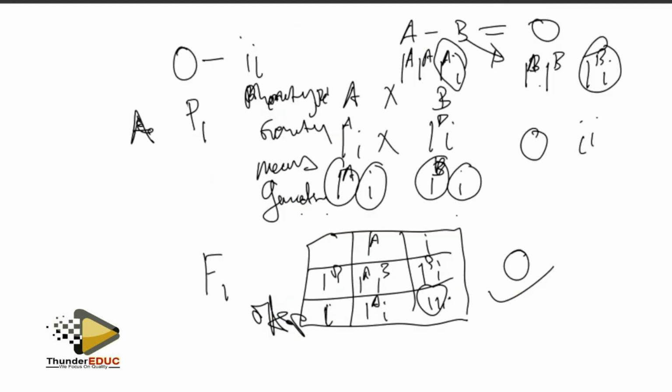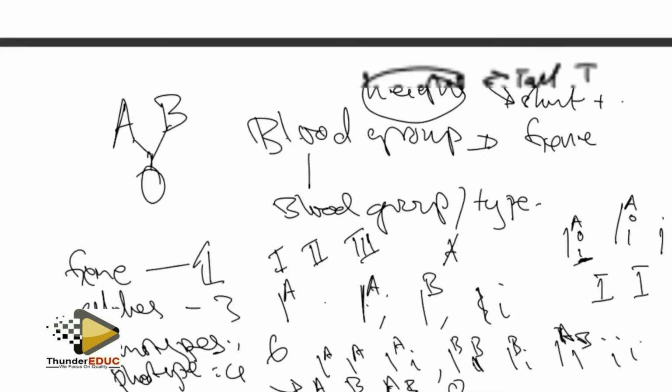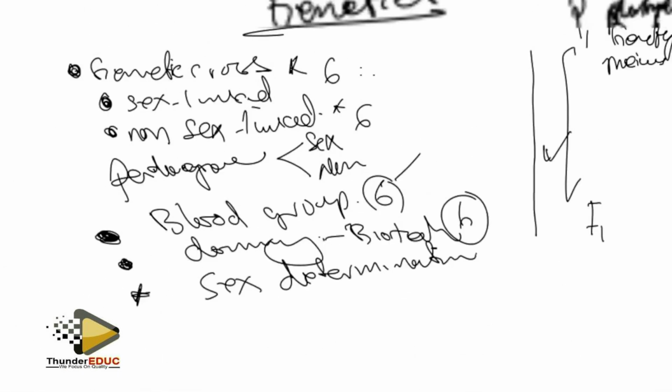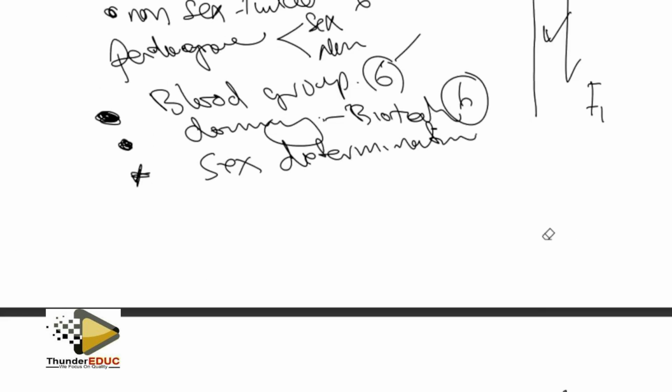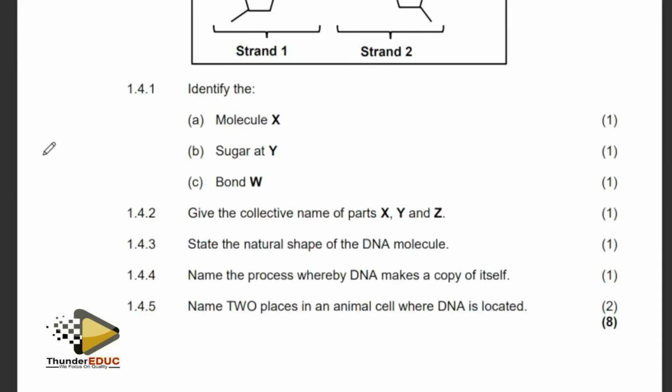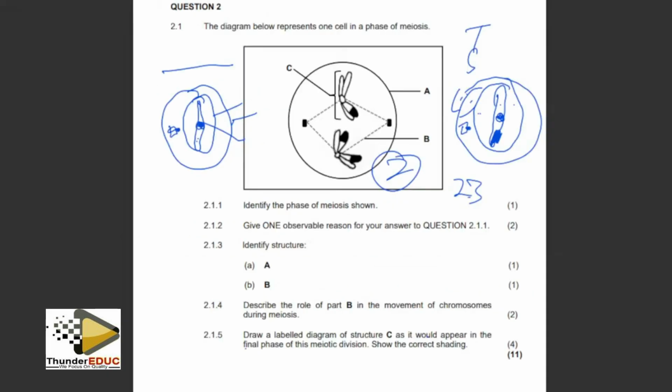Let's go to, we talked about blood group. I'm coming back with cloning. Let me give you the question, because I just want to go for just 2 or 3 minutes.